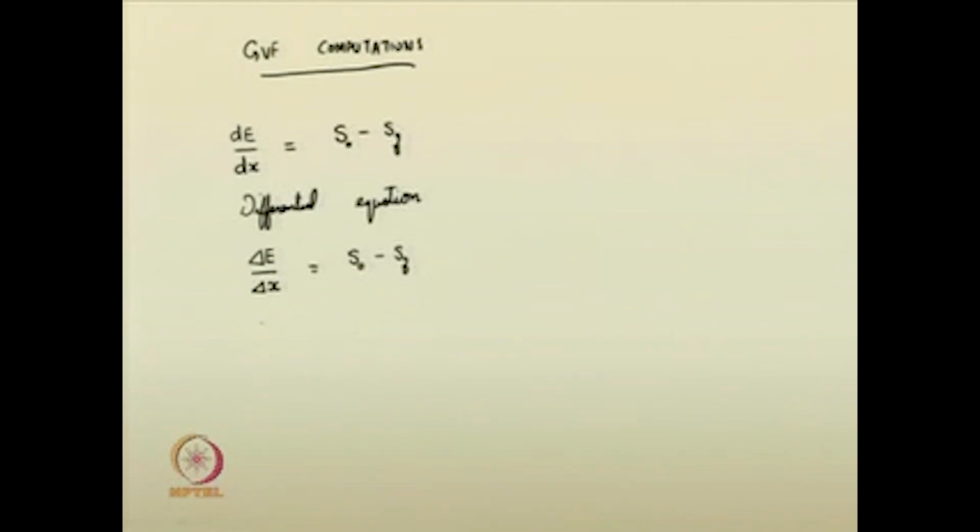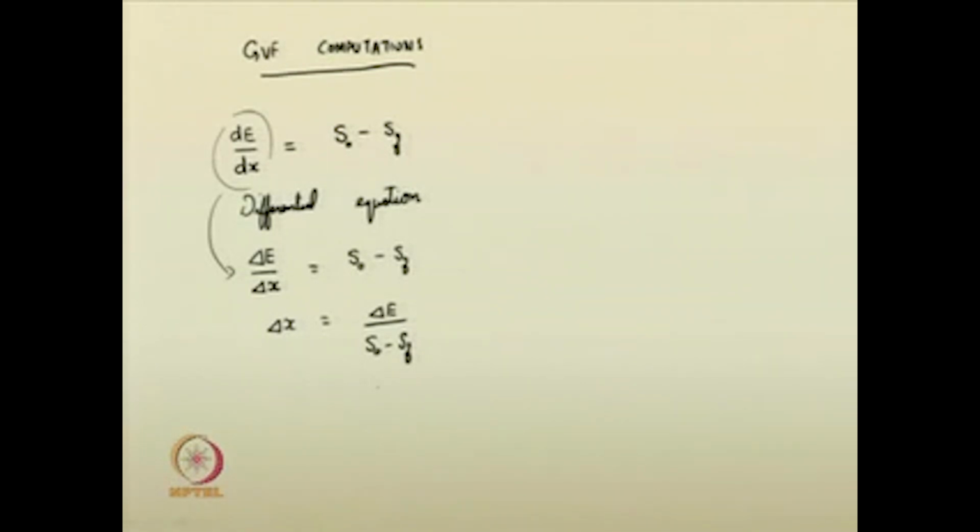So, here this derivative is being approximated by the algebraic expression. From this, you subsequently obtained the direct step method for computing gradually varied flow profile. Del x is equal to del E by S0 minus SF.